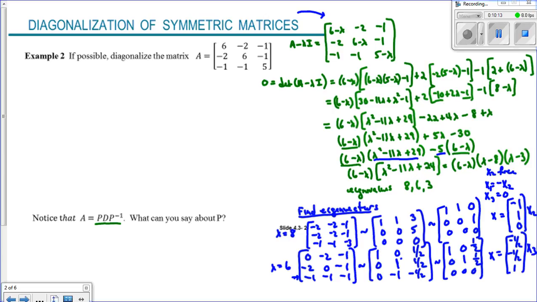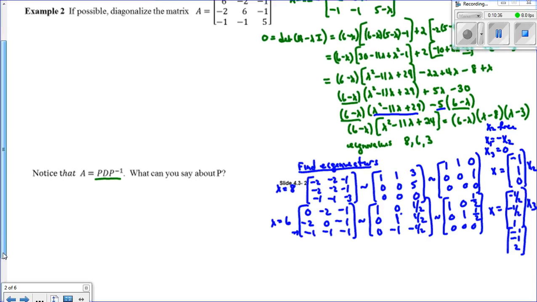Okay, so I'm going to choose x3 to be 2. So that would be negative 1, negative 1, and 2. Okay, and then our last eigenvector will be for lambda equal to 3.